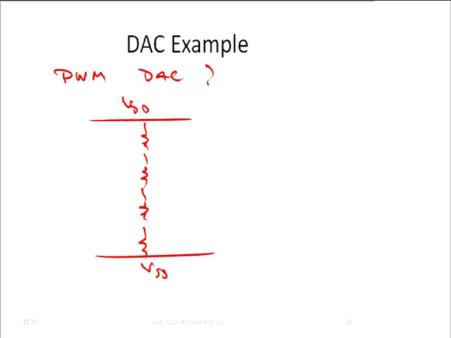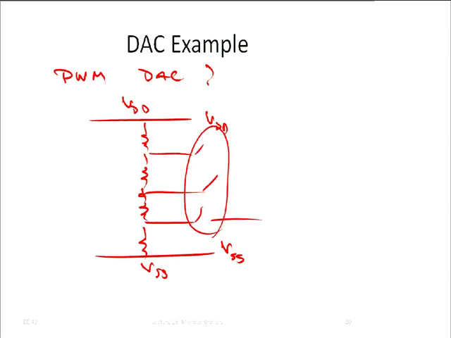And so you put a whole bunch of switches here, and then using the microcontroller, you close one or the other of these switches, and that gets at the output an appropriate voltage that can be anything between VSS and VDD, and steps in between, right? Okay?